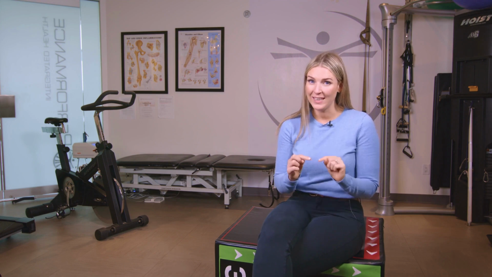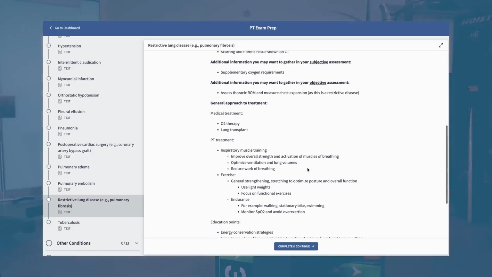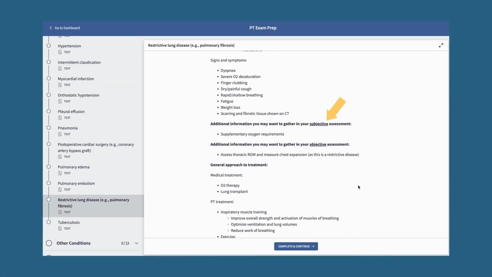For all the pathologies that we review, we let you know if there's additional information that needs to be covered on top of that subjective assessment. In the case of pulmonary fibrosis, the question that we want you to include in addition to the subjective framework is, does the patient require any supplementary oxygenation? Okay, that's all you need to do.